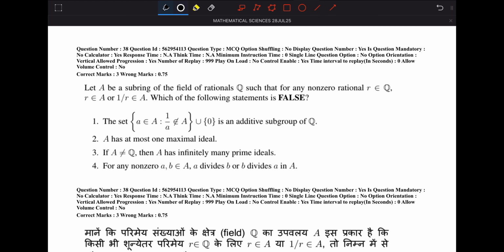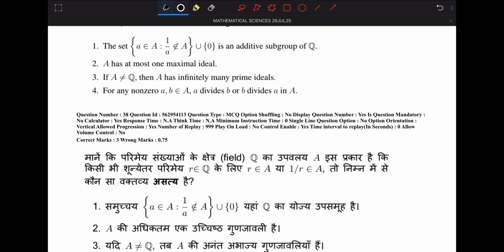So I don't have enough space here, so let us just do it here. A is a subring of Q. Okay, let us consider a statement, let us denote statement S1, that 1/p belongs to A for all primes p.